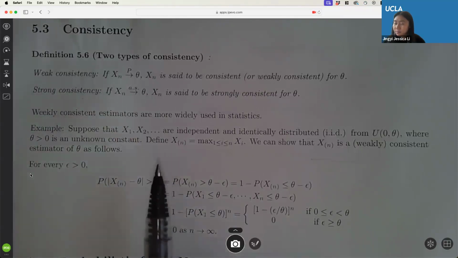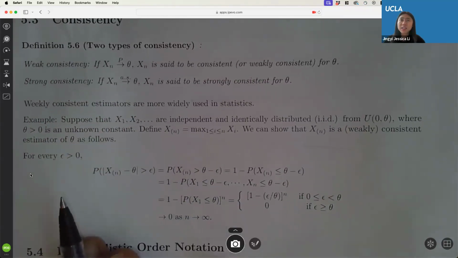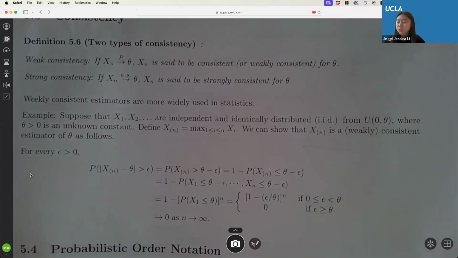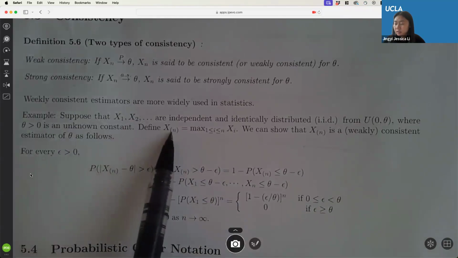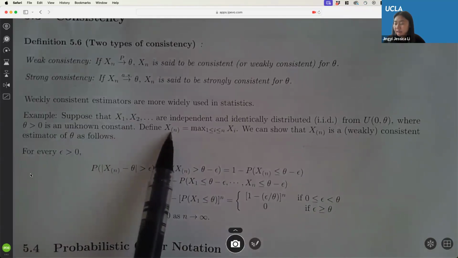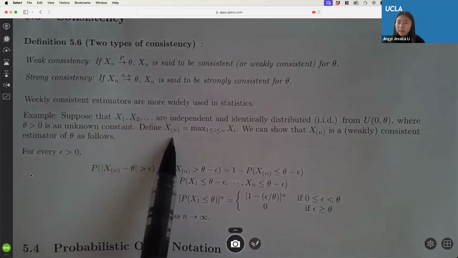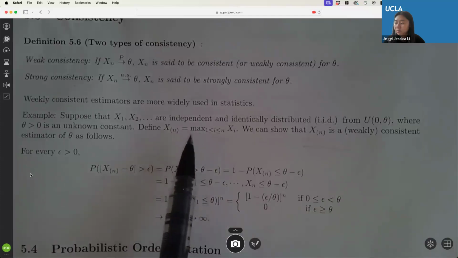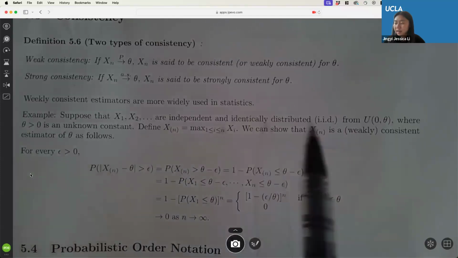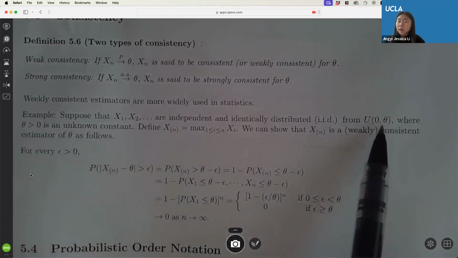Okay, but one example to take a look at is this very interesting problem, which we'll see later. It's using the order statistic, the maximum of your sample. Given x1 to xn, we define xn to be the maximum, and we want to use that as an estimator for the upper bound of your domain.